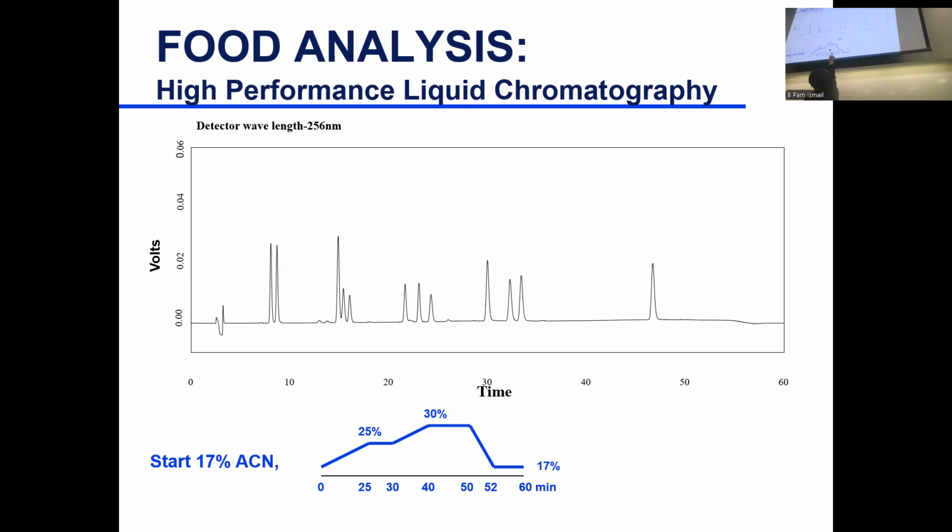Then we increase to 30% between 30 minutes and 40. Then we keep it isocratic for 10 minutes. And then we bring it back down to 17. We leave it about 8 minutes to equilibrate the system before we inject again. We need to bring the system back to the original state.